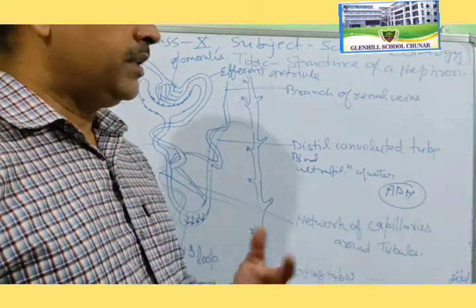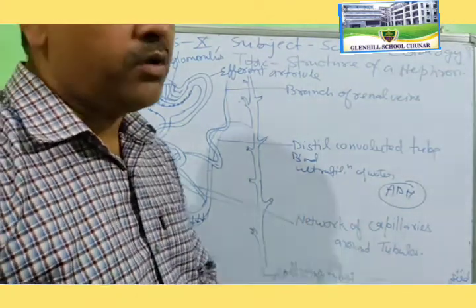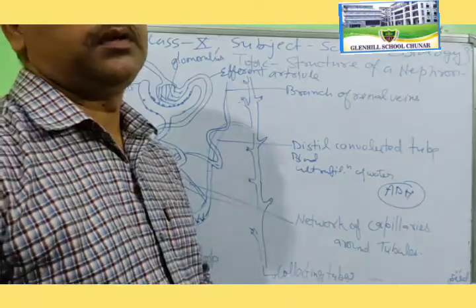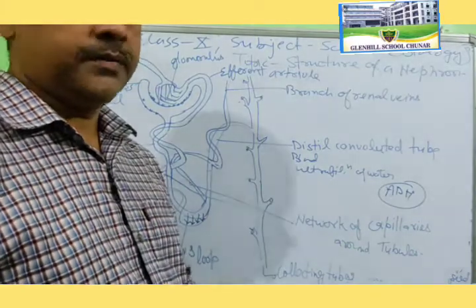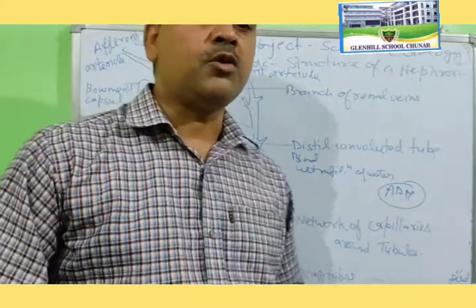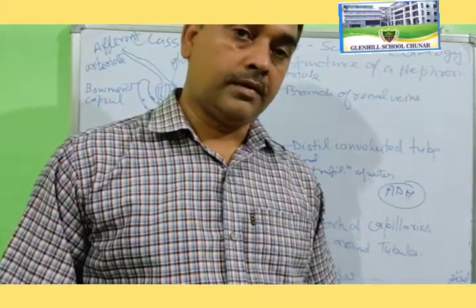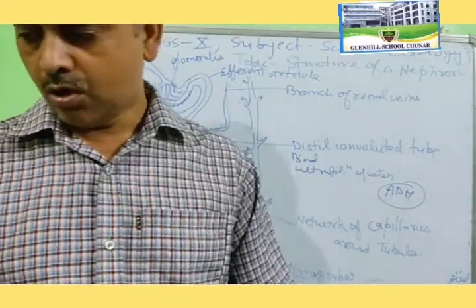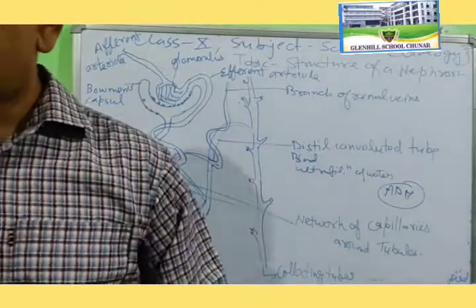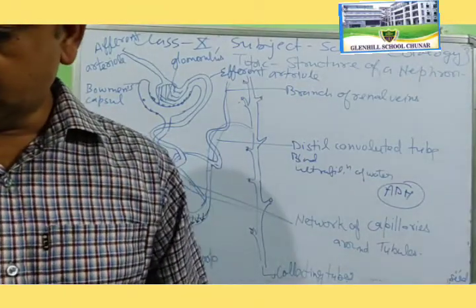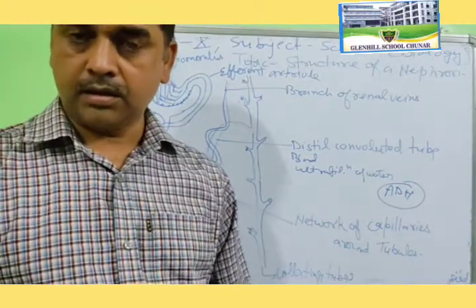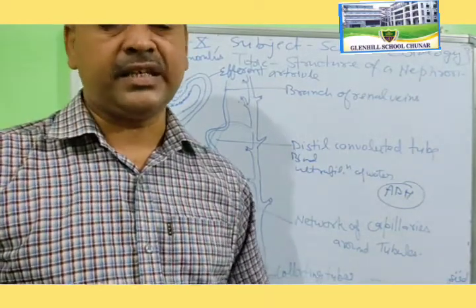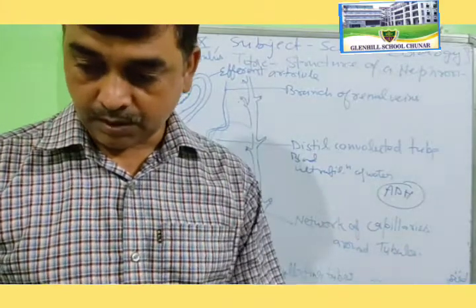There is a sphincter found in the urethra which stops the urine from going outside. The opening of the urinary bladder into the urethra is controlled by the sphincter, which is a lid type structure.